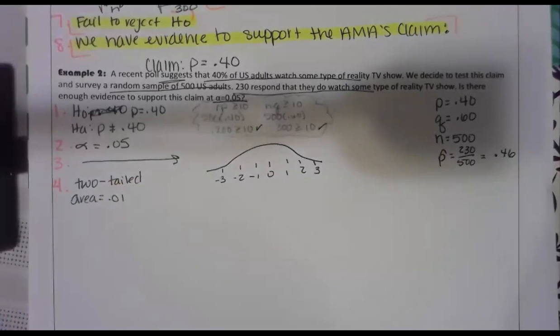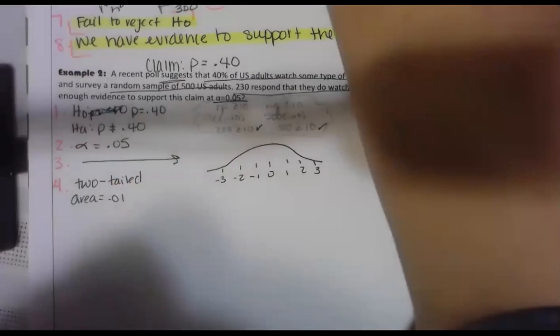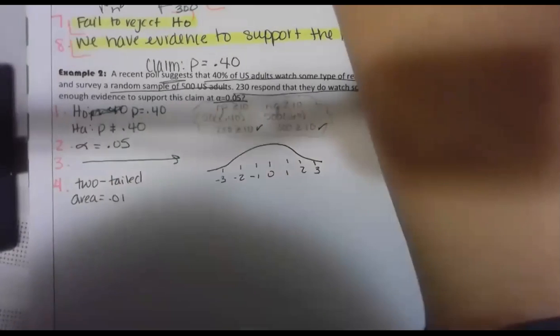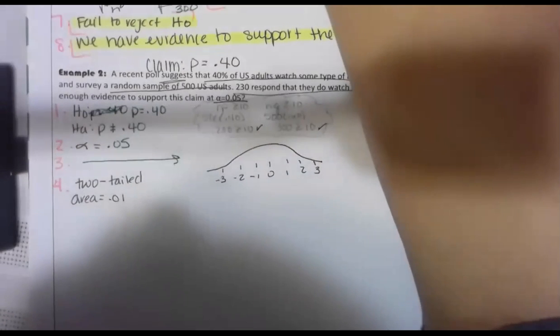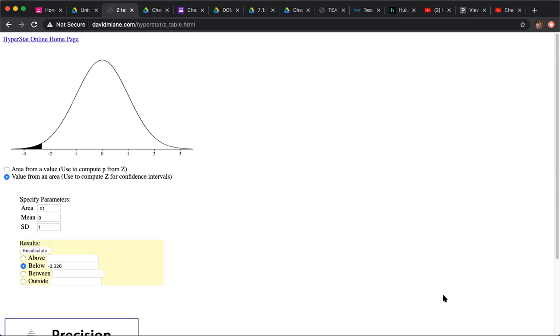The reason you can still use that is because it's going to split it up for you right here. Make sure you're in value from an area 0.01. If you go outside of right here, it splits it up into half on the left and the right.